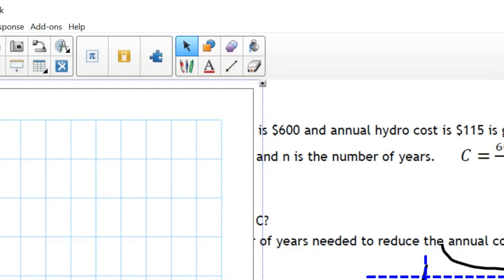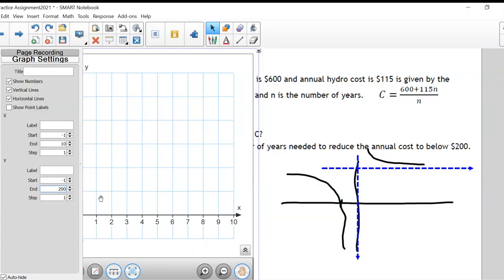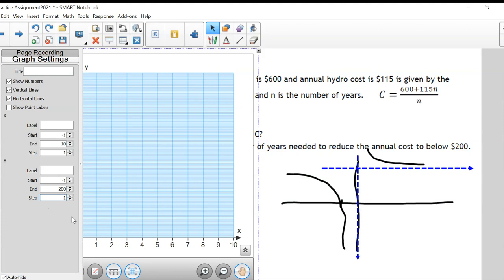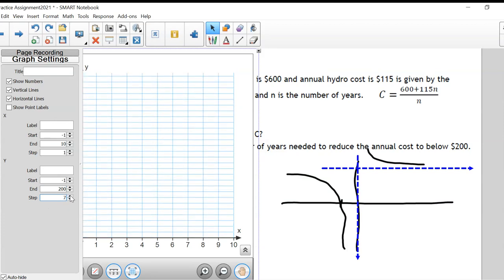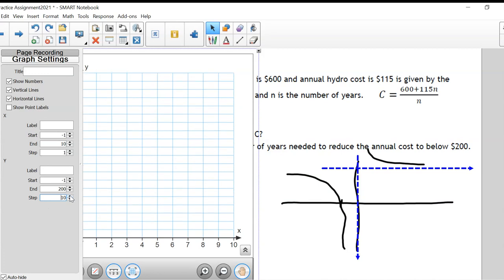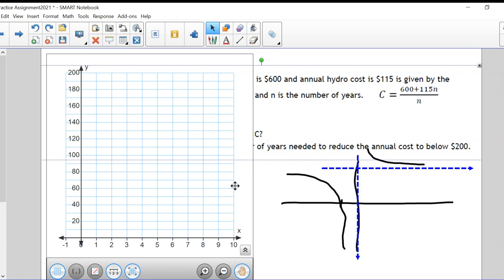Sorry, in the right box here. 200, right? And then I'm going to go in jumps of about maybe 10. All right, let's see what that looks like now.